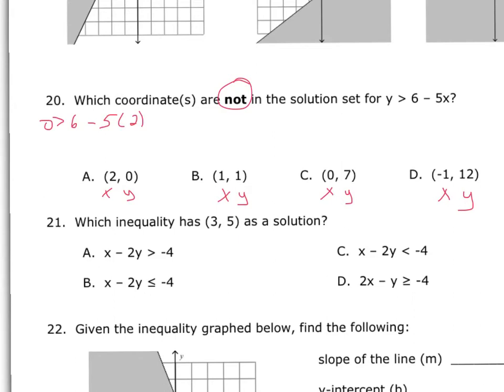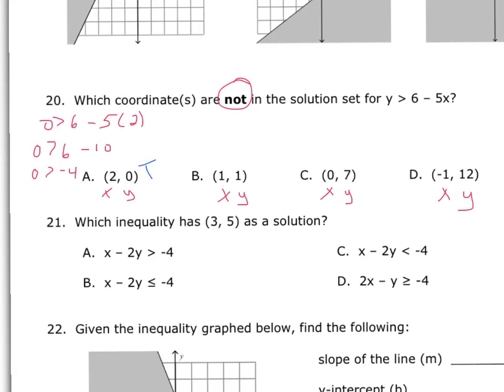So -5 times 2 is -10. 6 minus 10, or 6 plus -10, is -4. Is 0 greater than -4? Is that true or false? Well, that's true. Okay, so that means that is an answer.